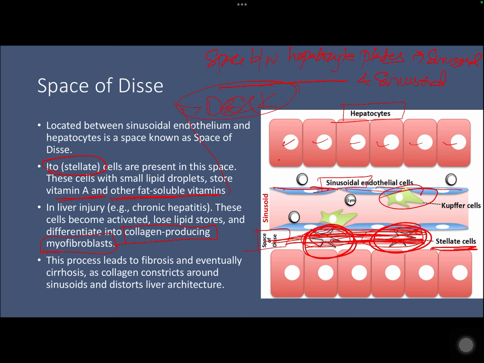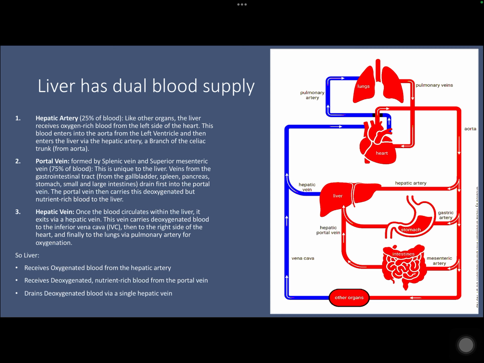This collagen leads to fibrosis and eventually cirrhosis, because collagen distorts or damages the liver architecture. So it is very important to understand that during chronic liver disease, the space of Disse, which contains stellate cells, plays an important role in the development of fibrosis and cirrhosis.